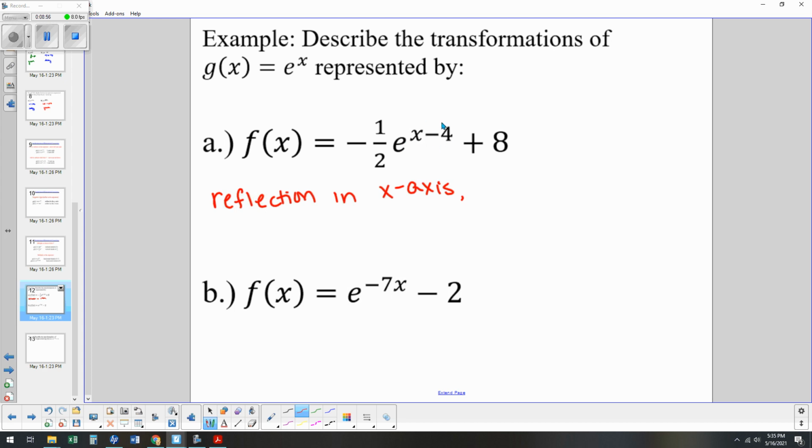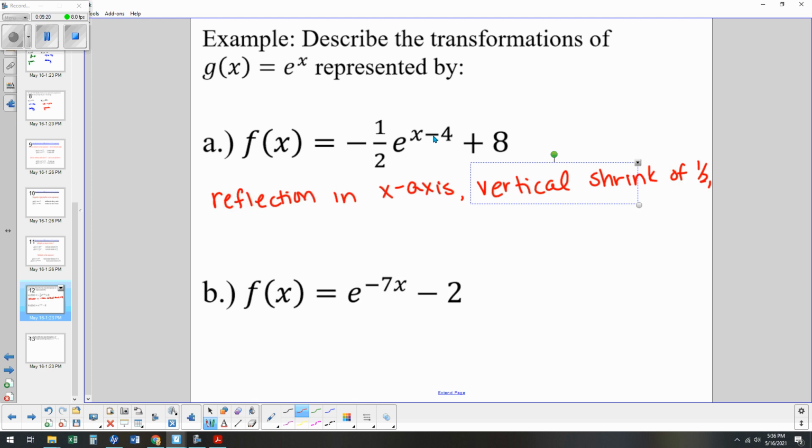Then I have something happening to the x up here. Oh, wait, I skipped something, that 1/2. So this 1/2 is being multiplied on the outside, so that's a vertical stretch or shrink. And because it's less than 1, it's a shrink. So we're going to have vertical shrink of 1/2, or by a factor of 1/2.